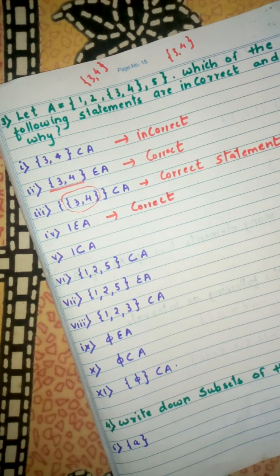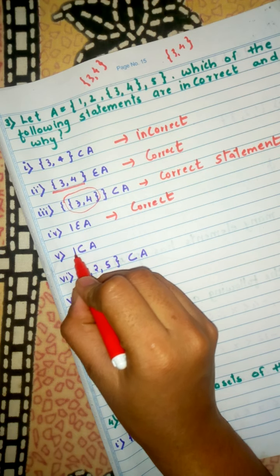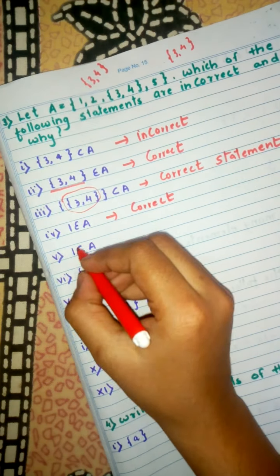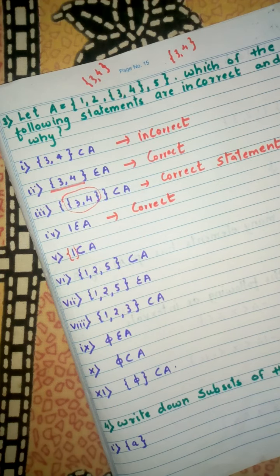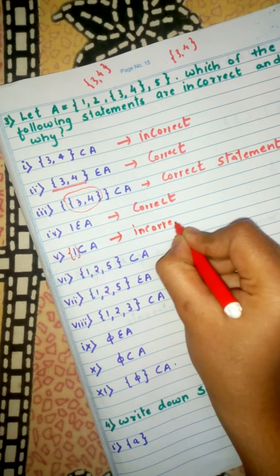If we have a set, then we can check whether that set is a subset or not. Here they have given us one element, and an element cannot be a subset. For a subset it has to be a set, therefore this is incorrect.